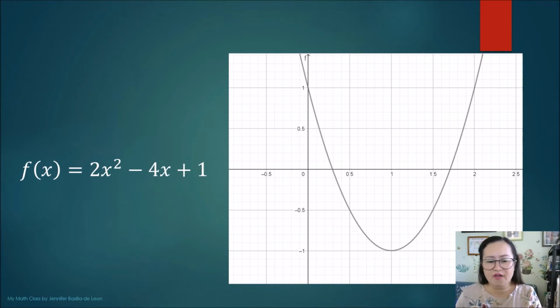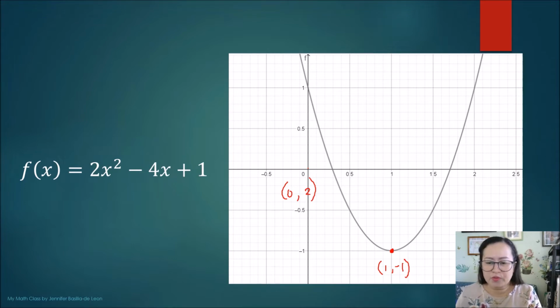Consider the function f of x equals 2x squared minus 4x plus 1. We can see the graph on its right, and also consider the open interval from 0 to positive 2. On this interval, we can clearly see that the lowest point is at (1, negative 1).